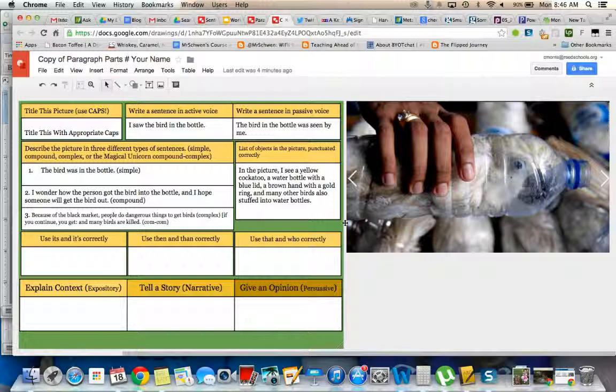It's the thing that belongs to it. So, its beak, no apostrophe, because if I said "it is beak," that would sound like I don't speak English. So, its beak is black would be its. Or I could say it's mean to put birds in bottles. It is mean to put birds in bottles.